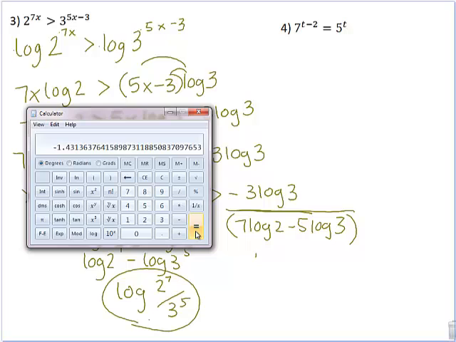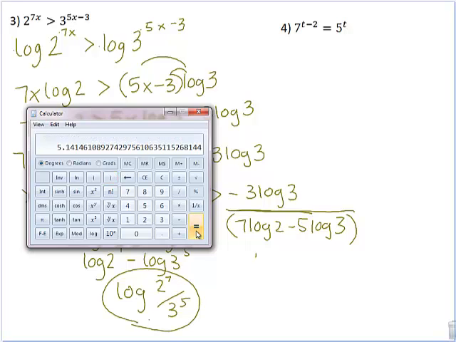Okay, when I just take negative 3 times log of 3, I get this. And then we want to divide by, using parentheses, 7 times the log of 2 minus 5 times the log of 3, close your parentheses, equals.